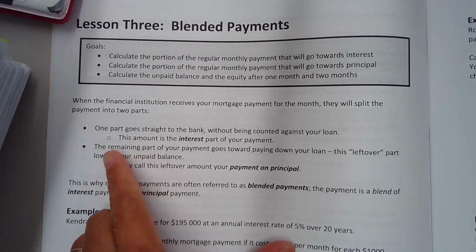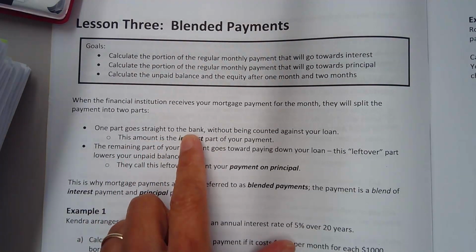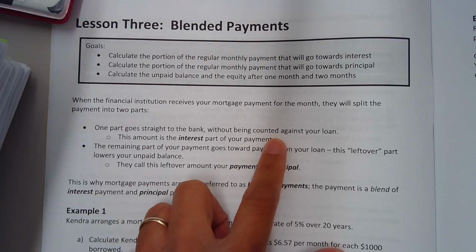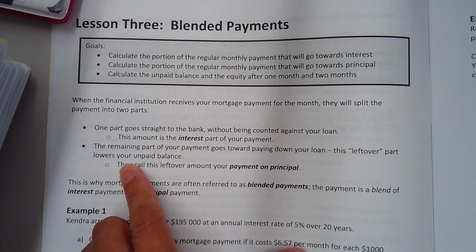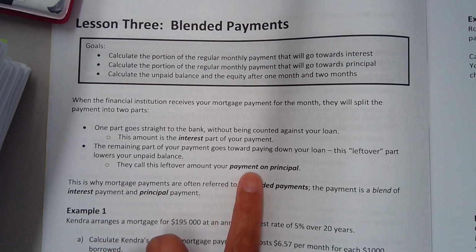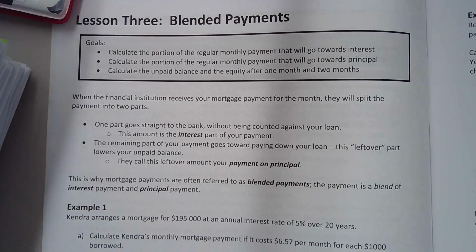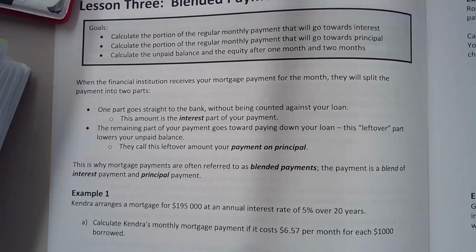One part goes straight to the bank without being counted against the loan, and this amount is interest. The remaining part goes to the payment on the principal. That's why this is called blended, because it's a blend of interest and principal.